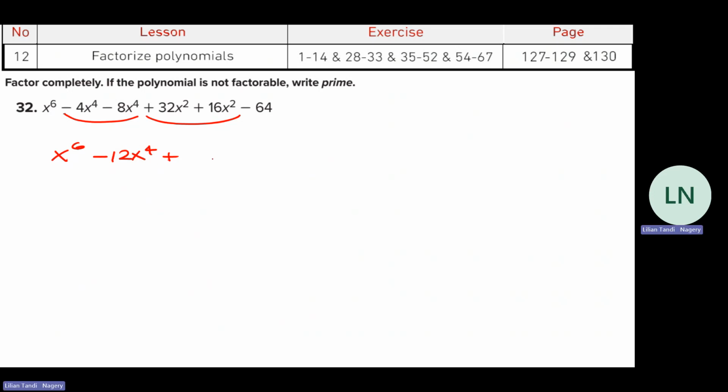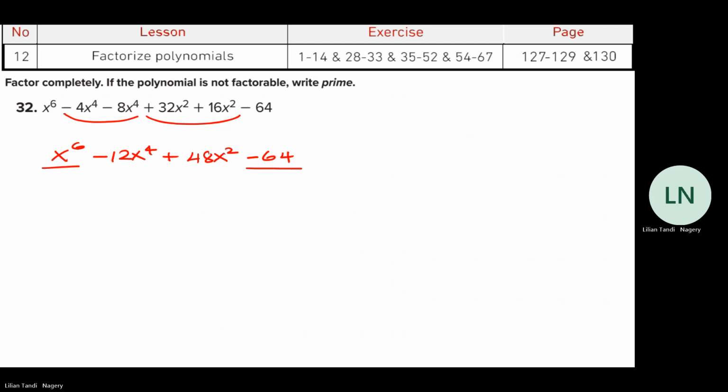It's 48. So you look at this and this. They are perfect squares. They are also perfect cubes.